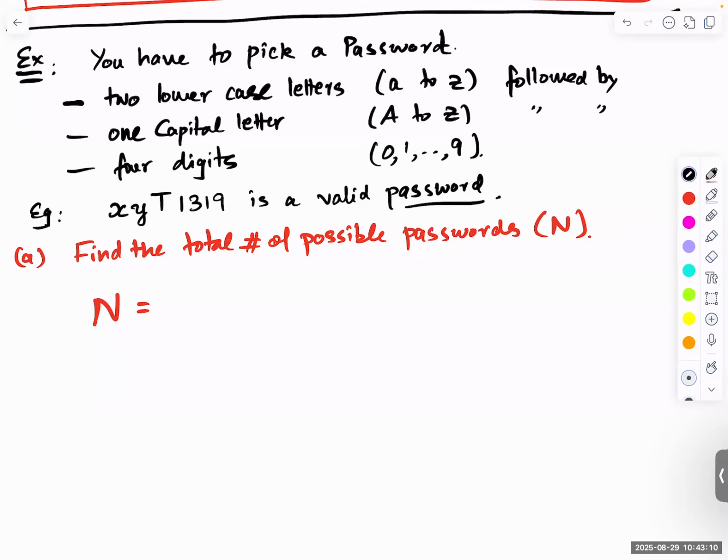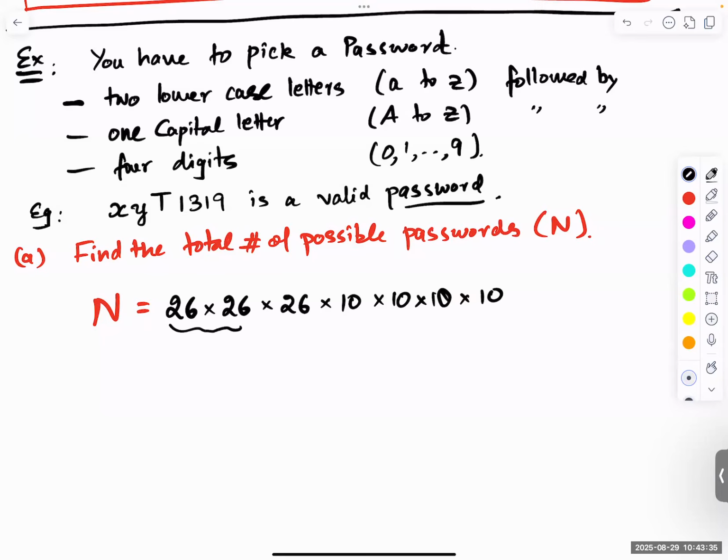A till Z is 26 letters in the alphabet. So I have 26 for the first lowercase option, then 26 for the second lowercase option, right? And then for the third capital letter, I have another 26, and then 4 digits. So 10 times 10 times 10 times 10, right?